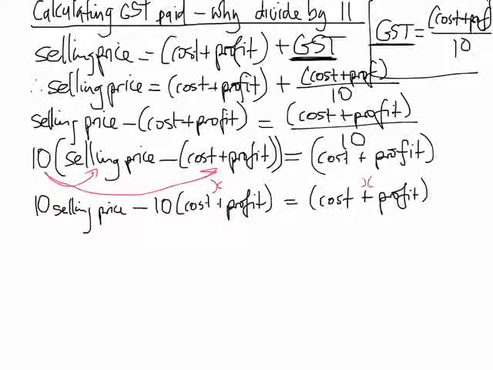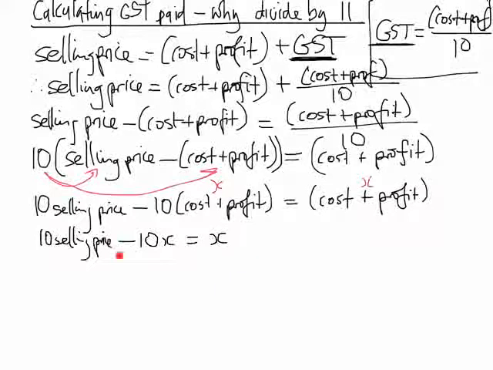So using algebra, if it was represented as algebra, it would be like that. 10 selling price, negative 10x equals x. If I want to get all the x's to one side, I could move this to get the x's all onto that side.